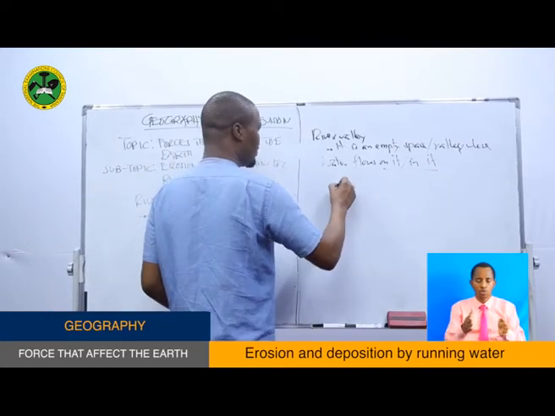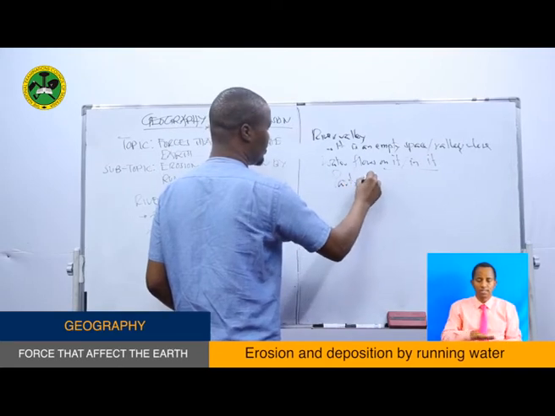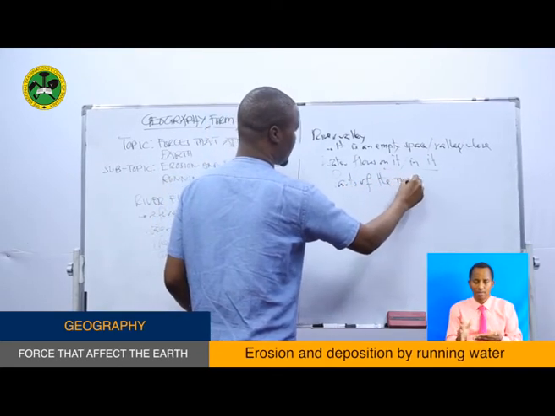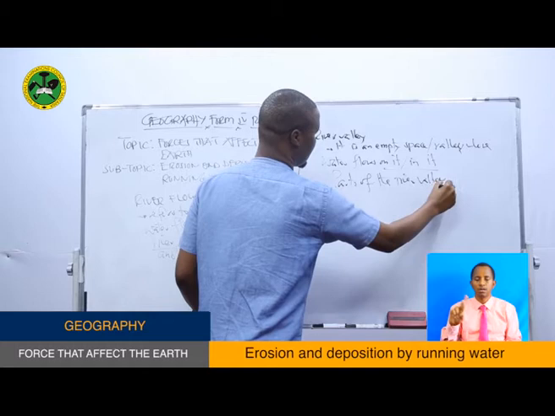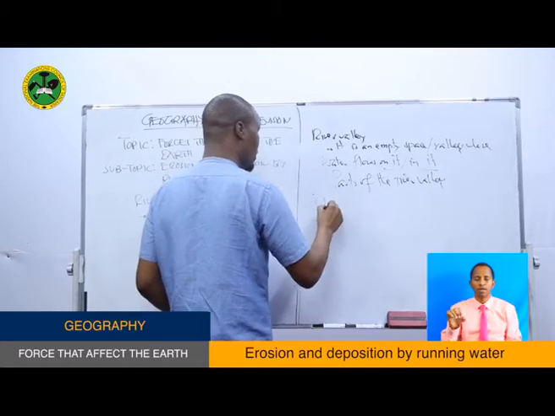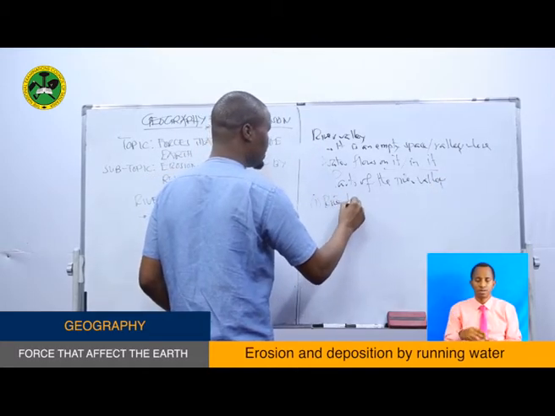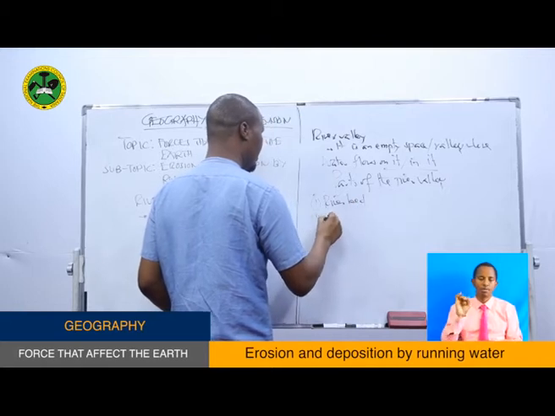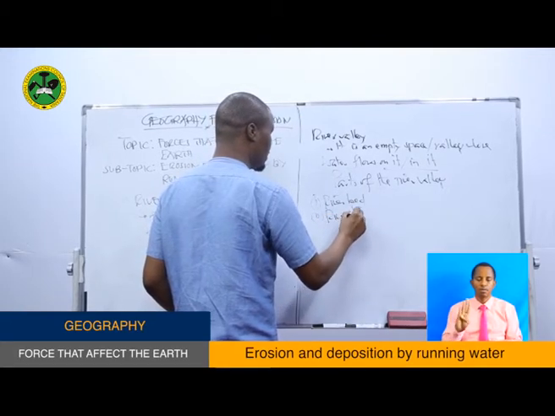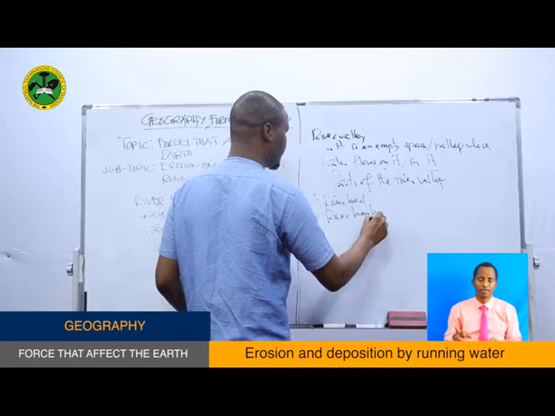So, parts of the river valley. We have two parts of the river valley: the river bed as well as the river bank.